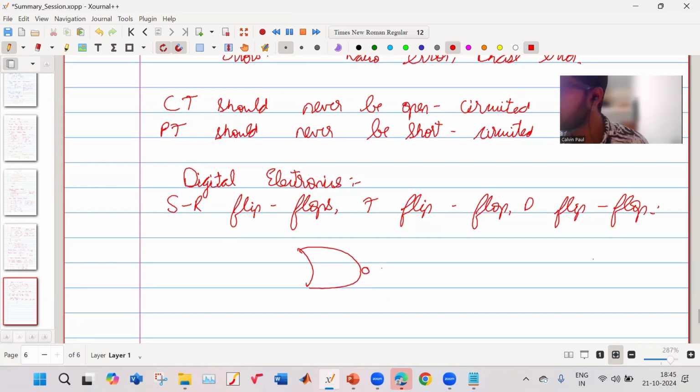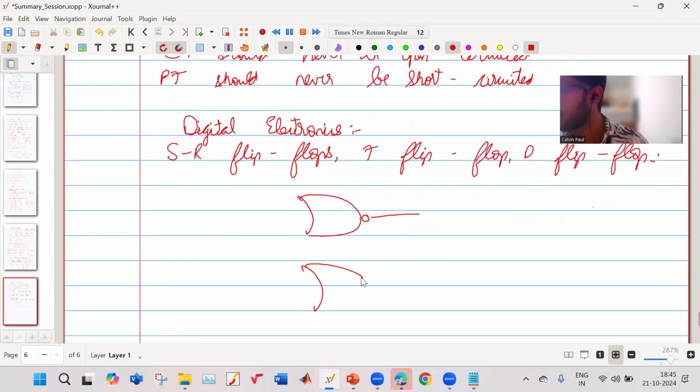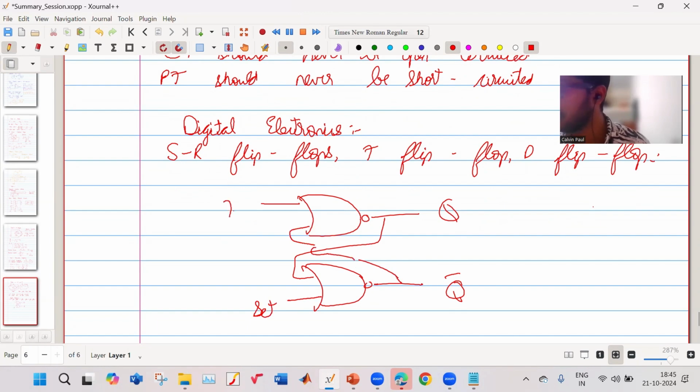It is made of two NOR gates. This comes here, and this is your set. This comes here, this is your reset. Okay, this is your SR flip-flop.